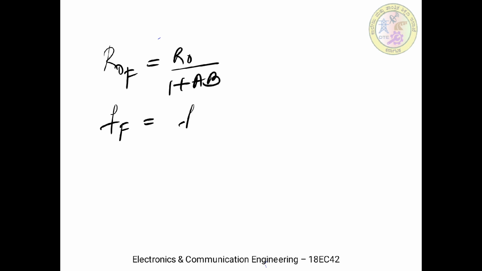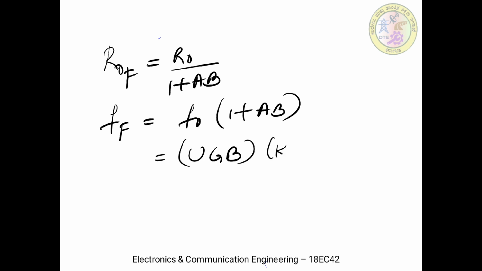Therefore the summary is ROF will be equal to R0 divided by 1 plus AB, and bandwidth FF will be equal to F0 into 1 plus AB, or equal to UGB multiplied by K divided by the closed loop gain AF of the inverting amplifier.